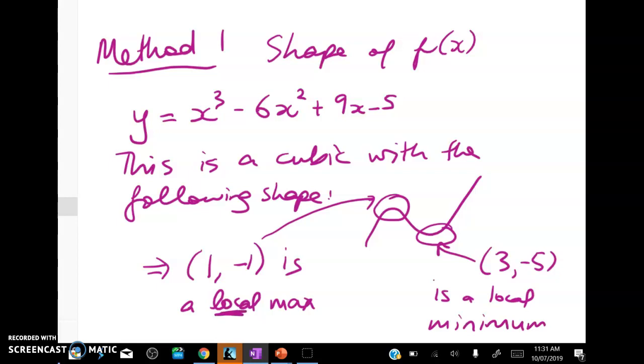Now, one more time, why am I using that word local? Well, the word local means in the neighbourhood, and that has quite a strict mathematical meaning, but it means what it means in real life: that around this area, in this neighbourhood, this point here is the highest we can get on the function, so it's a local maximum. But there are other points up here that have higher values, right? And the same thing here.